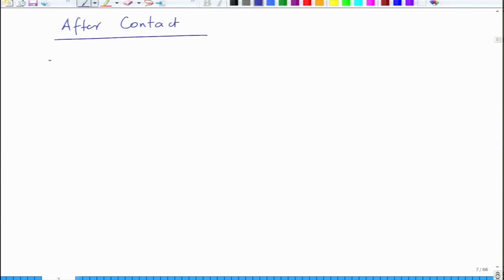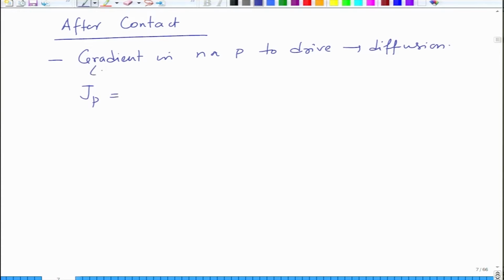So after contact, first you have a gradient in N and P to drive diffusion. So you can say that Jp diffusion, you have a hole gradient. So you have hole and electron gradient. Jp diffusion will be minus of q Dp into dp by dx.